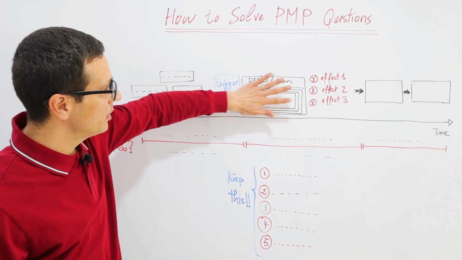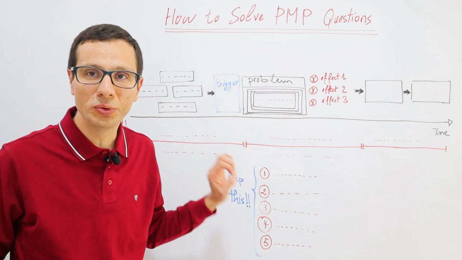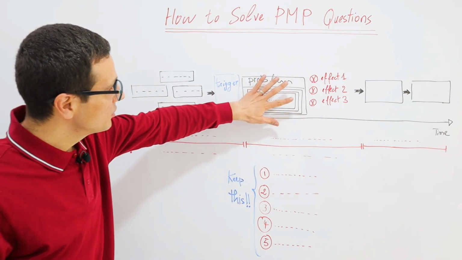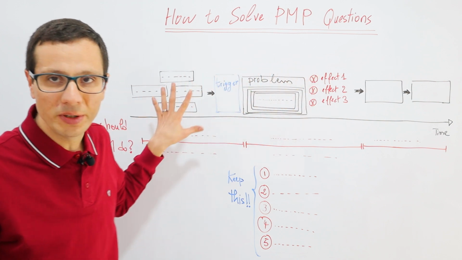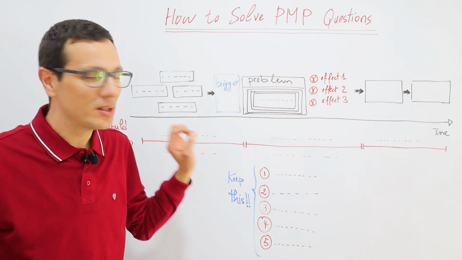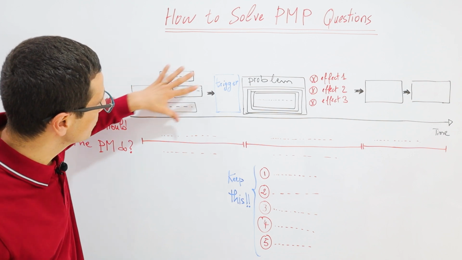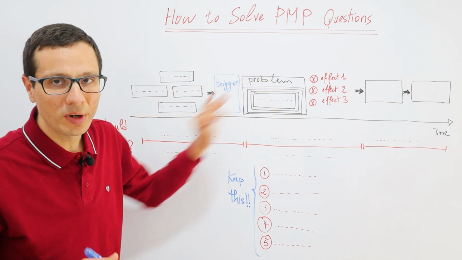Here we have the problem that you are going to read in the PMP question. And usually this problem has different components. The first component of the problem is the reason or the factors that lead to this problem.